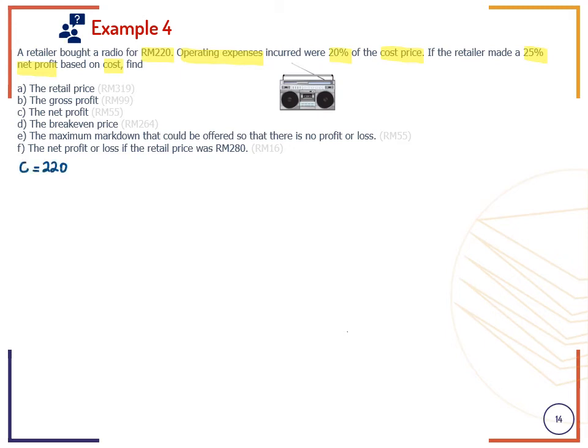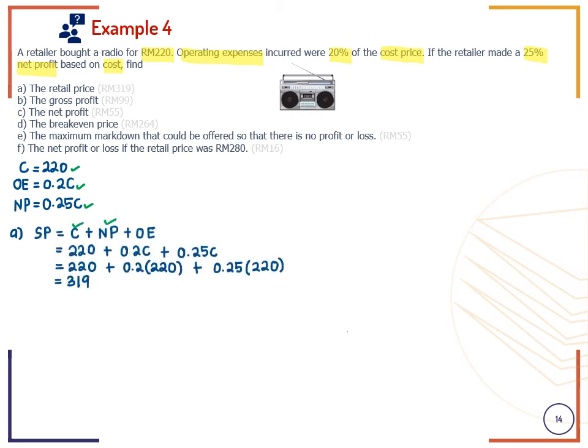Given cost of a radio is 220 ringgit, operating expenses of a radio is 20% of cost or 0.2 of cost, and net profit of a radio is 25% of cost or 0.25 of cost. To find the retail price of a radio, total up cost, net profit, and operating expenses.